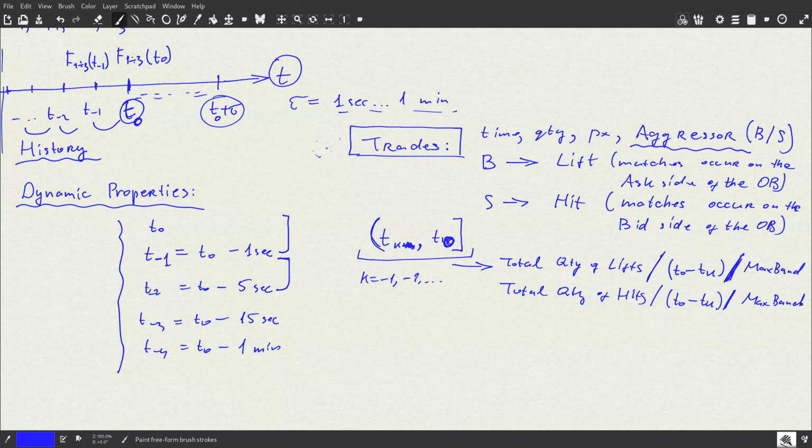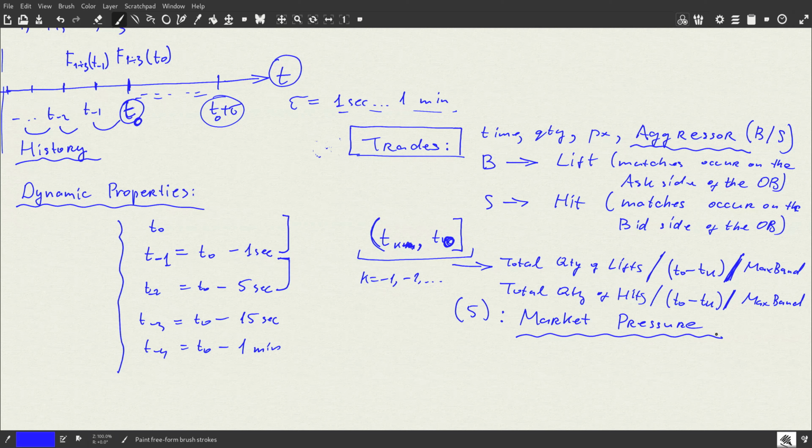So that is this feature, which we denote by feature 5, which is called market pressure. There is a standard name for it, which is called market pressure. Okay, that's fine.